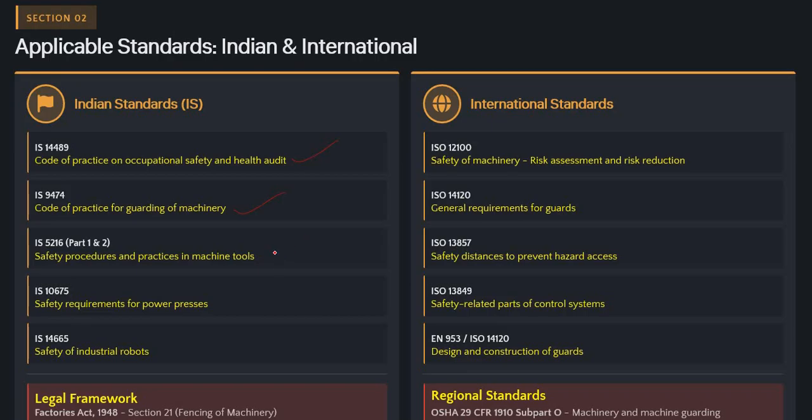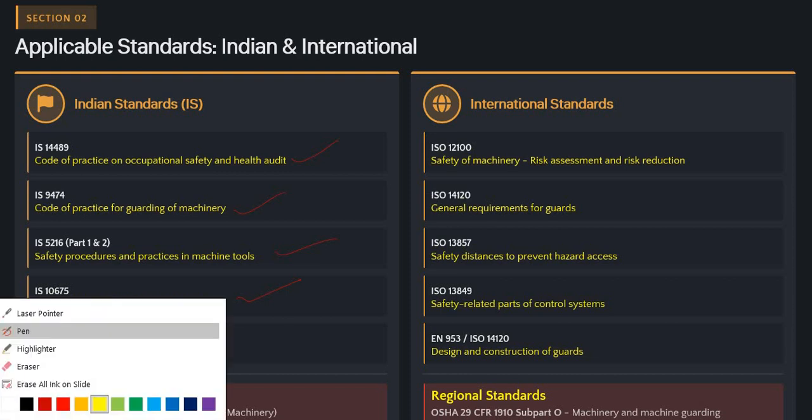This is related to machine tools, and IS 10675 is power presses, and IS 14665 is industrial robots. Apart from this, we have a legal framework, that is Section 21, fencing of machinery. And recently the OSH Code has general safety provisions.